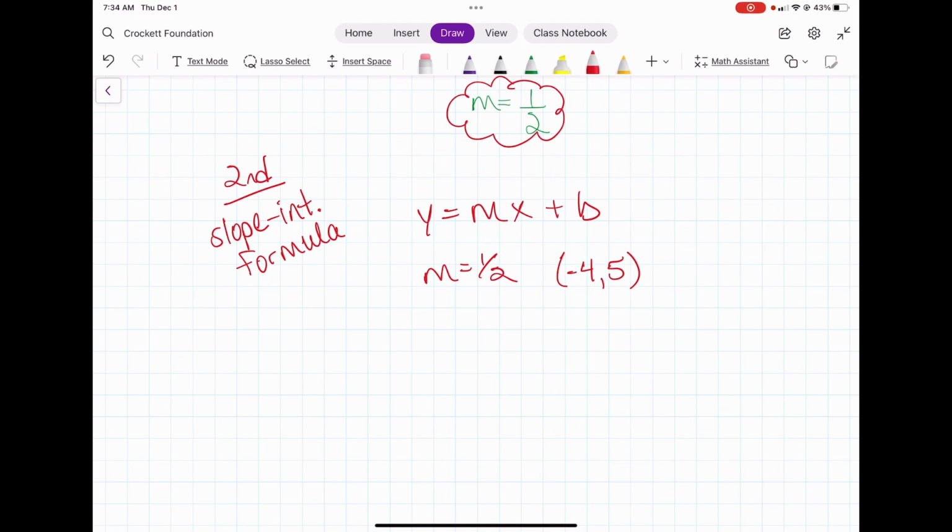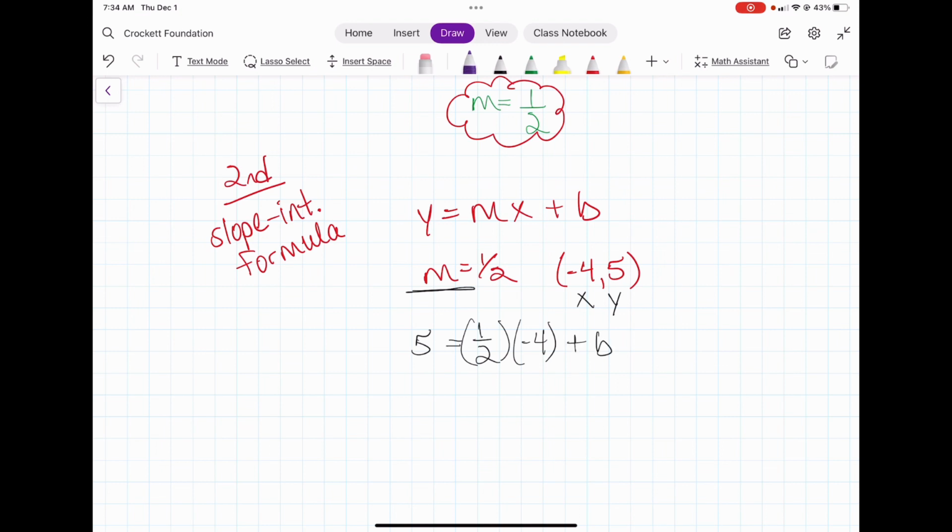So with that being said, now I'm just going to substitute. This is x, that's y, and here's m. I'm going to substitute each of those values into the formula. So y is 5, m is 1/2, x is negative 4, and then you still have plus b.